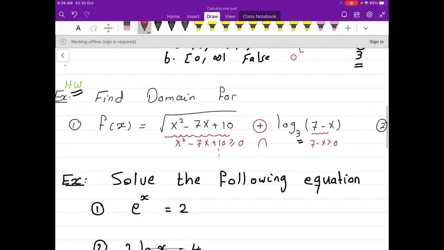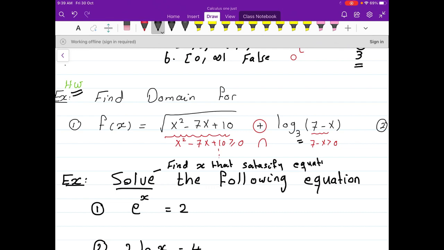Now our question: how can we solve an equation including an exponential function or a logarithmic function? What do we mean by solve the following equation? Solve means find x that satisfies the equation.